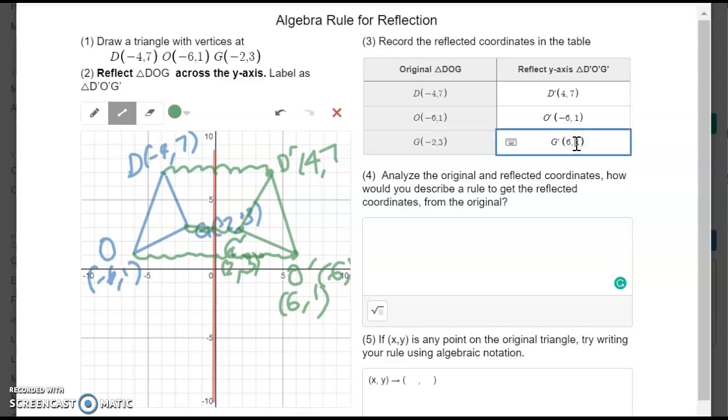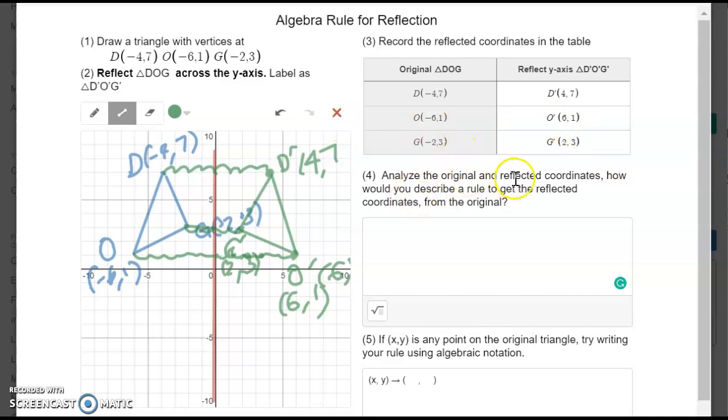I was looking at the wrong letter. 2, 3. Okay. All right, so then let's compare. Okay, so now the O prime had +6. Okay, so here we go. I think I've made all the corrections.